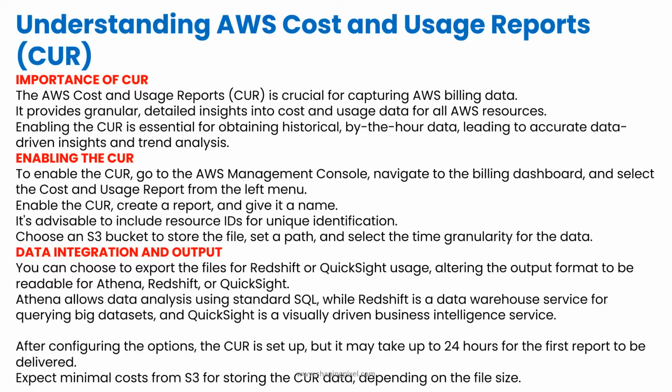Athena allows data analysis using standard SQL, while Redshift is a data warehouse service for querying big data sets, and QuickSight is a visually driven business intelligence service. After configuring the options, the CUR is set up, but it may take up to 24 hours for the first report to be delivered. Expect minimal cost from S3 for storing the CUR data, depending on the file size.